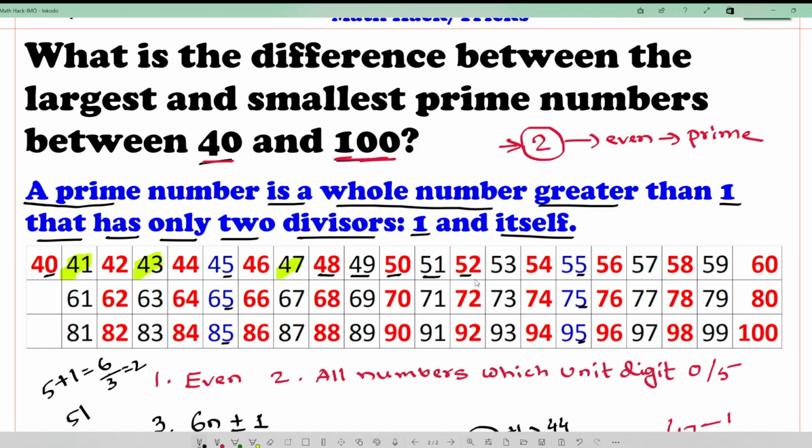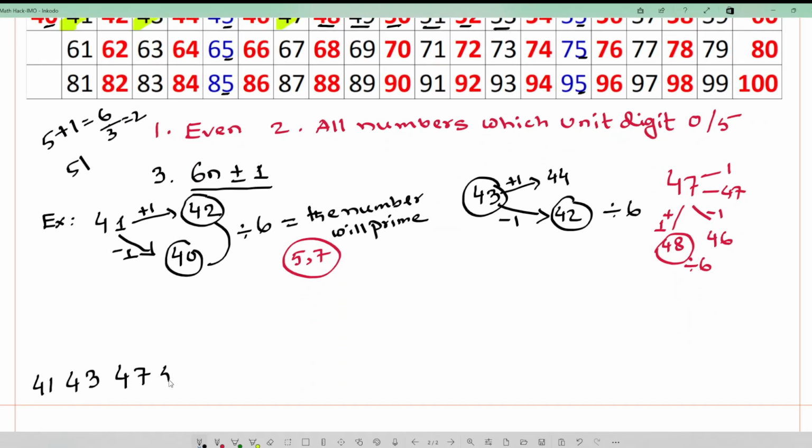52 is not a prime number, but 53 is a prime number. So we can note here 53 and we can check 53. If we add 1 it becomes 54, and if we subtract 1 it becomes 52.